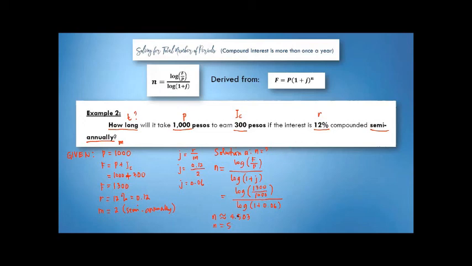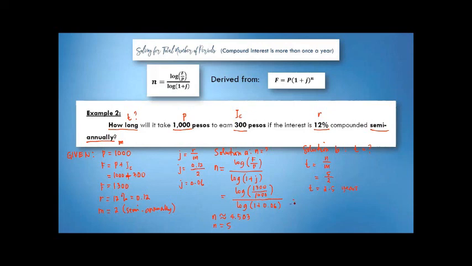Hindi pa ito ang final answer kasi ang hinahanap natin ay for the solution B, time in years. So, alam na natin na ang formula for time is n over m. Substitute natin. So, 5 divided by 2, the answer for time is 2.5 years.